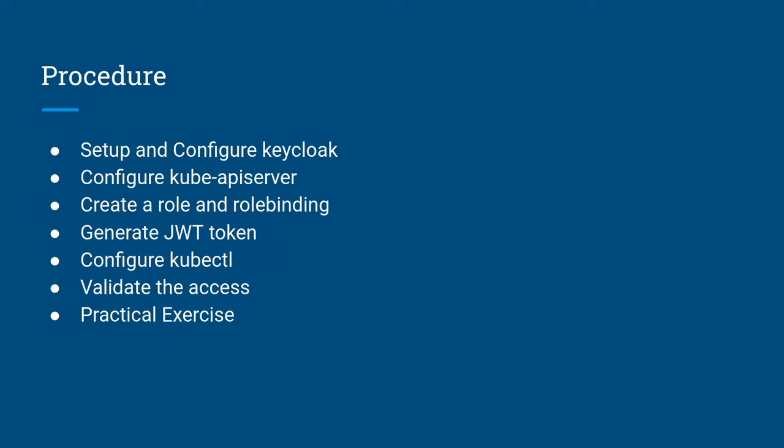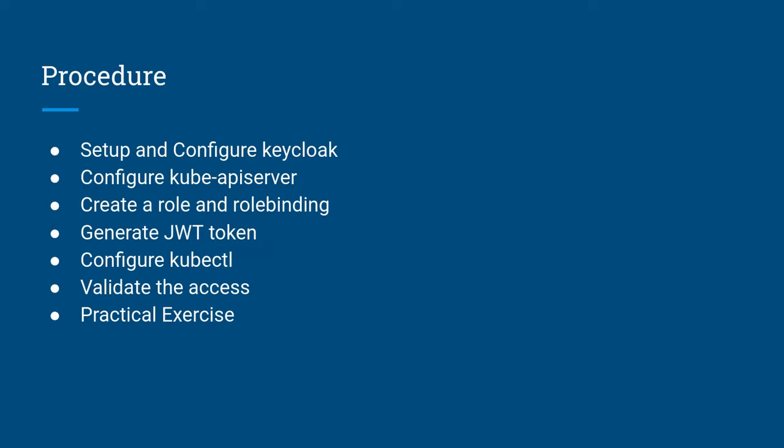We need to have a Keycloak service up and running with some client application which we'll be using in this video. Next, we need to configure our Kubernetes API server so that it can access the Keycloak identity provider to validate the JWT token. That is the second step.